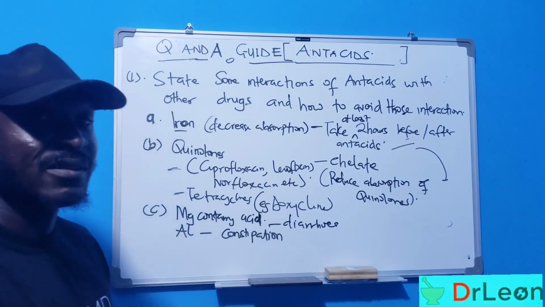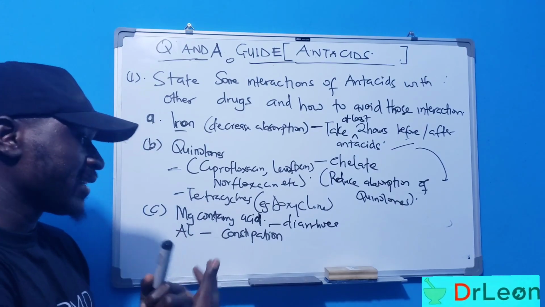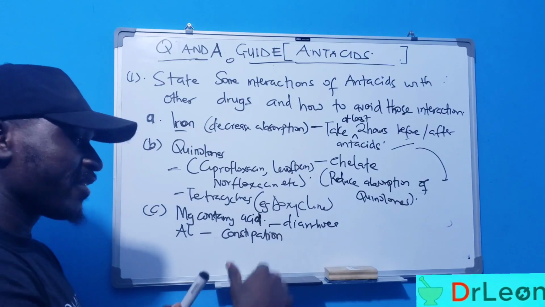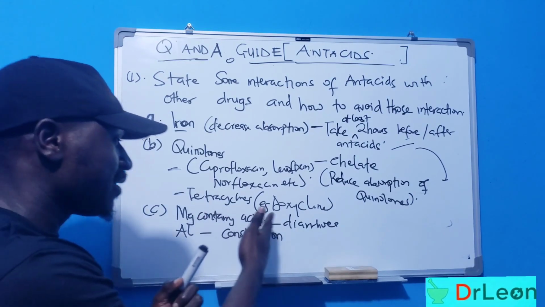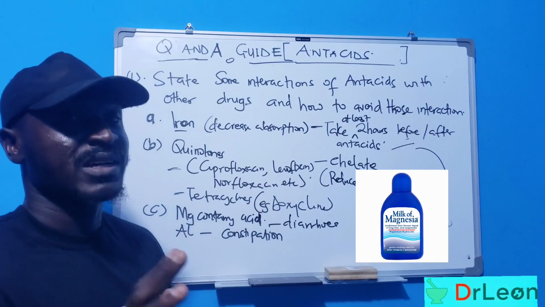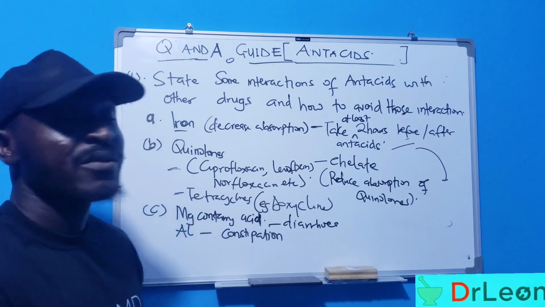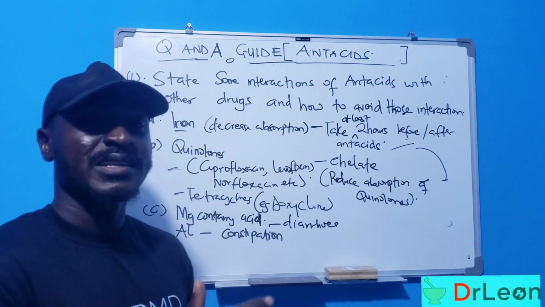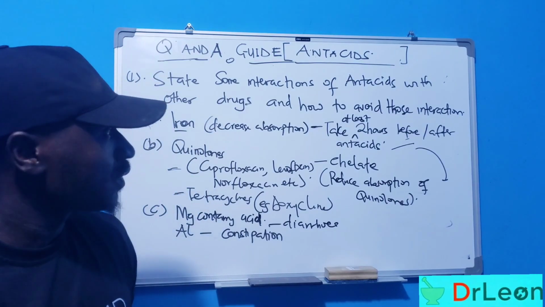So normally most antacids contain the two of them, magnesium and aluminium, so that the diarrhea and the constipation will cancel out. But those that contain magnesium alone, like milk of magnesia, which contains magnesium hydroxide, one of its major side effects is diarrhea. That's if you take the medication at a higher dose.